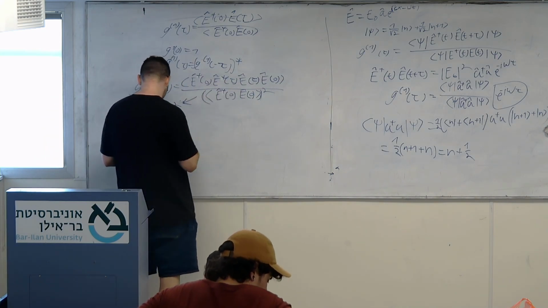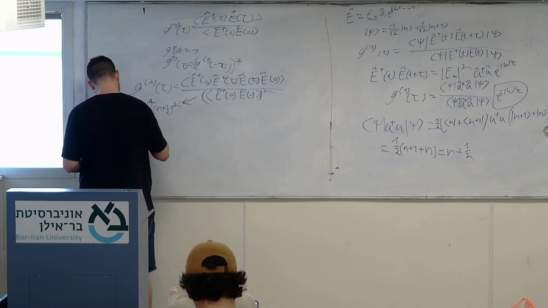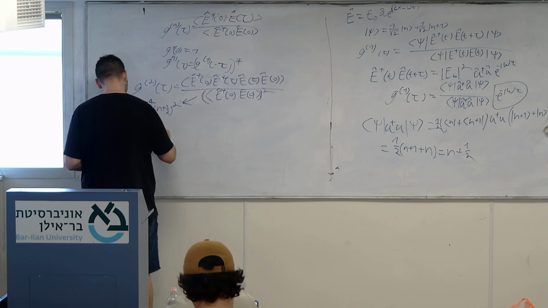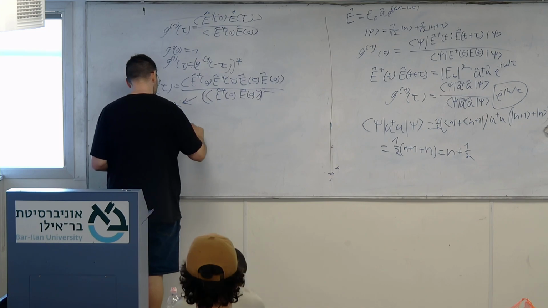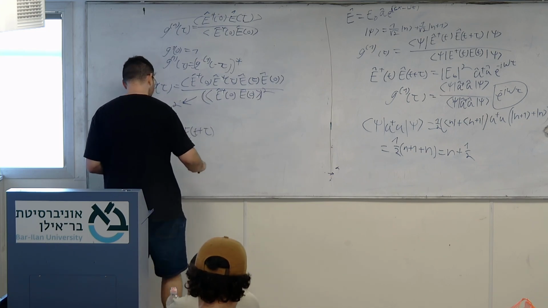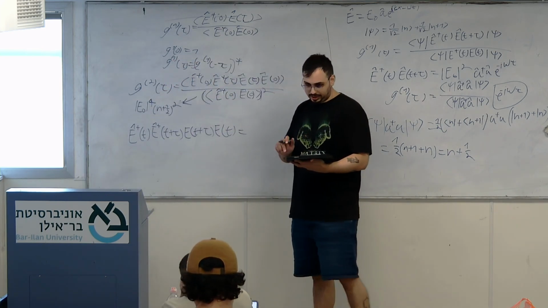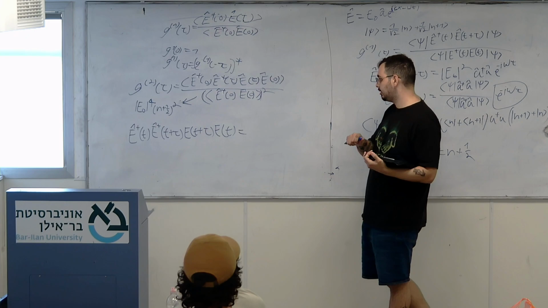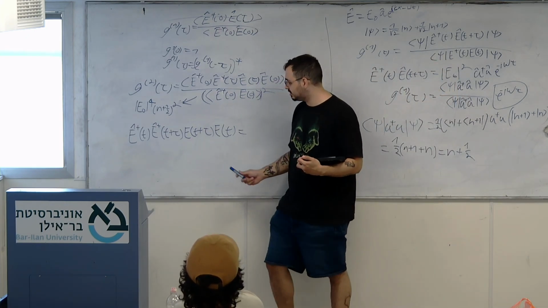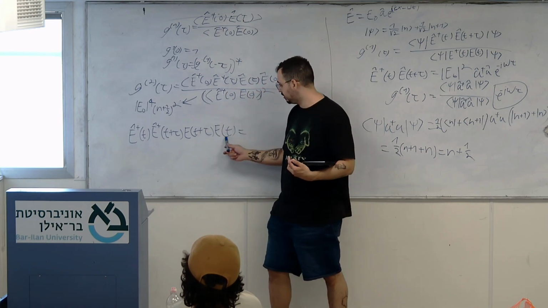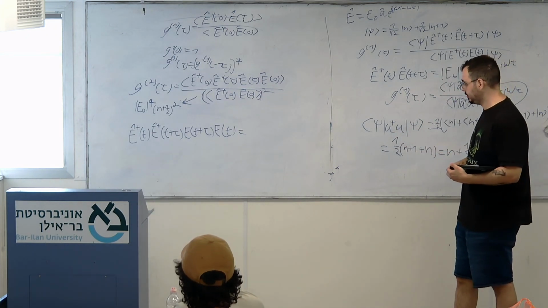Now for the denominator, it would be E dagger T E dagger T plus tau E T plus tau E T. I can write everything that's on the notebook, all the steps, but I think it will be much quicker to notice that this one will have a certain phase, and this one will have a minus phase. Those are the terms on the opposite side, so they will have no phase terms.